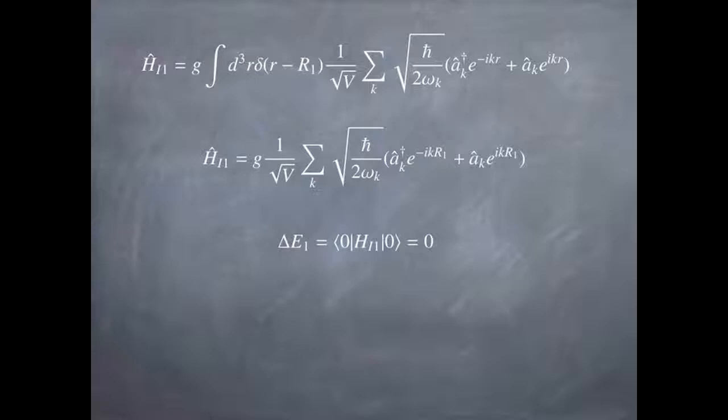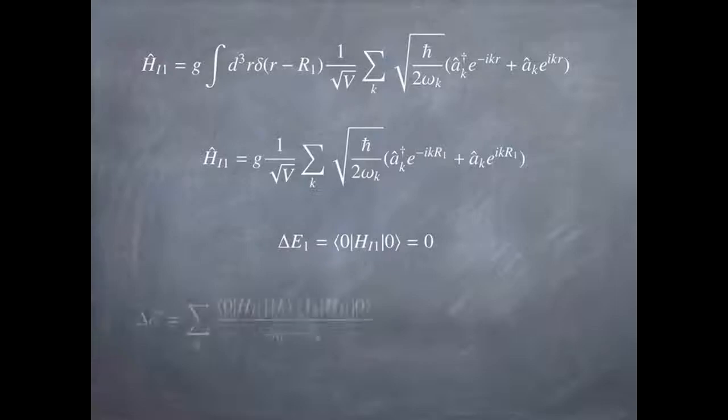Well, the unperturbed state is the vacuum of the phi field. And so if I plug that in, notice that every single term has an A dagger and an A, but if I apply A to the vacuum, I get nothing. If I apply A dagger to the vacuum, I get one phonon, or one boson in the field. But notice I'm then taking the inner product with the vacuum, and I'll get nothing. So it turns out there is no first order perturbation.